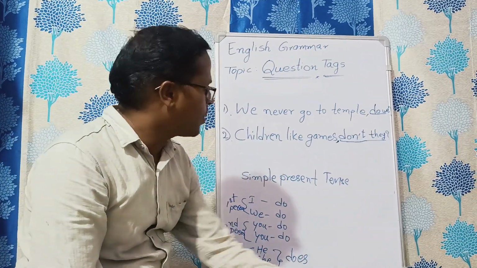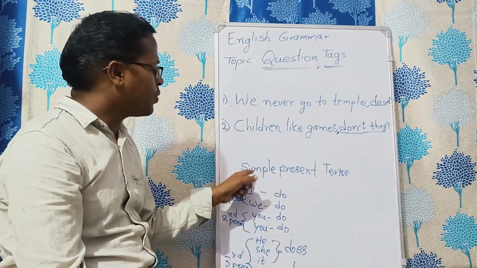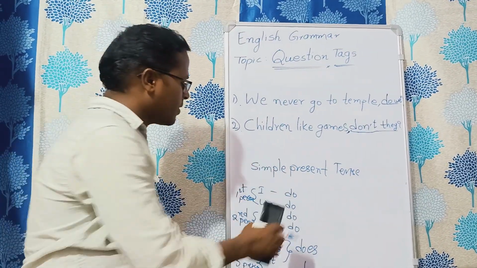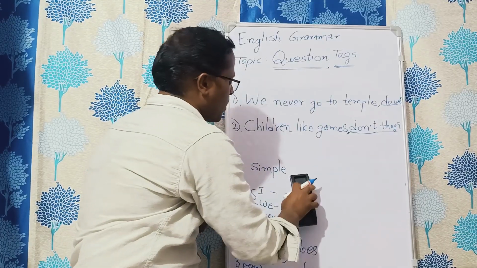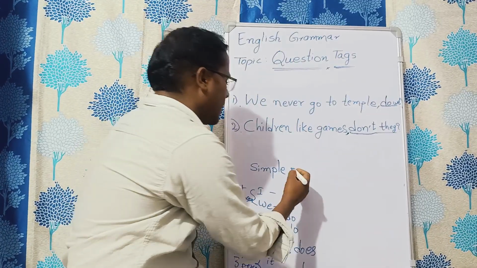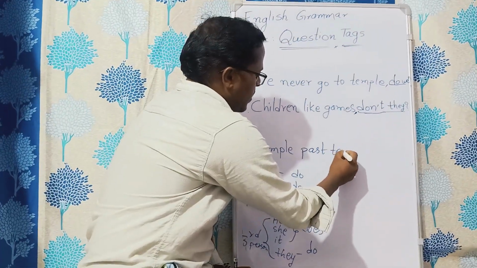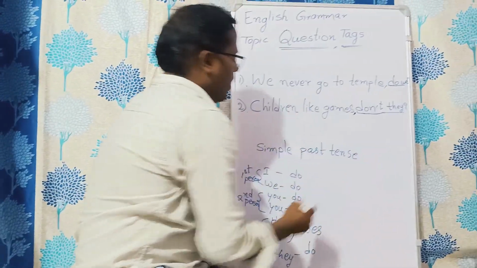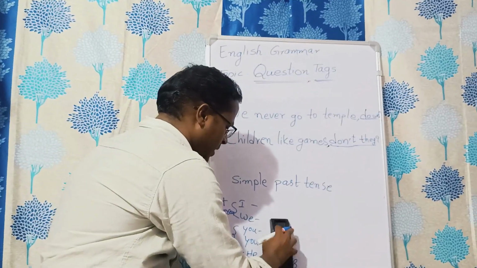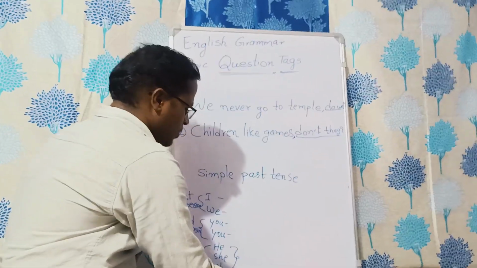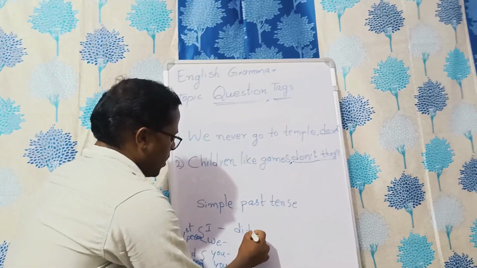So when do you get no helping verb? Only in simple present tense and simple past tense. In simple past tense also, you don't find any helping verb. So for that you have to use did for all persons.